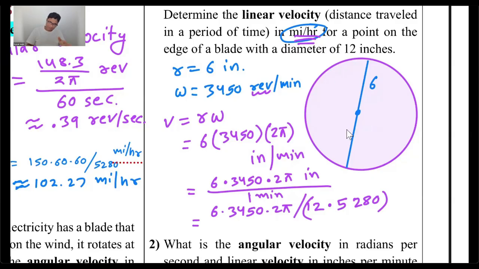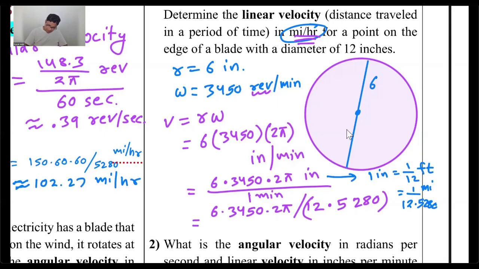So divided by 12, divided by 5280, I'm putting them together, so 12 times 5280 in the denominator. Once again, I'll explain what is happening here. 1 inch is 1 over 12 feet, and 1 foot is 1 over 5280 miles, right? So 1 over 12 times 5280 miles. That is what is happening in the numerator.